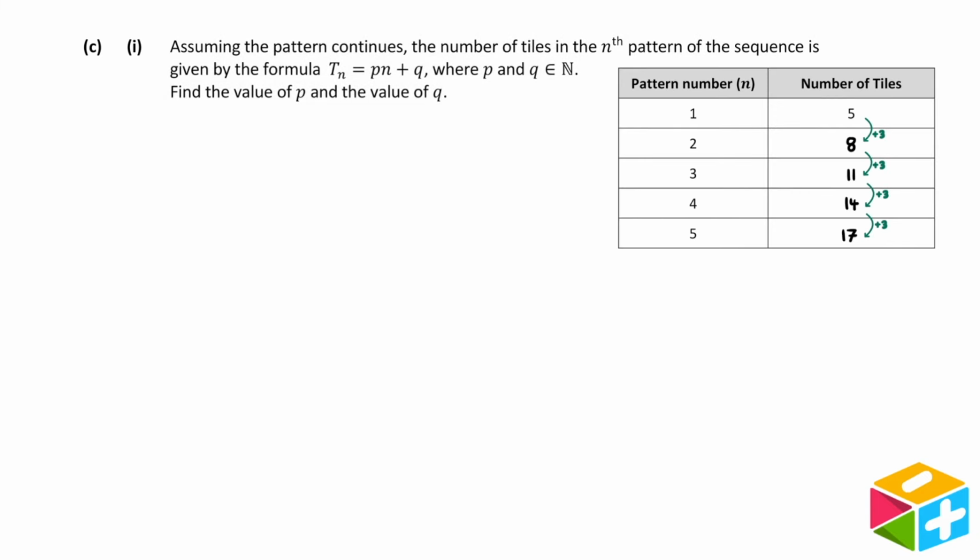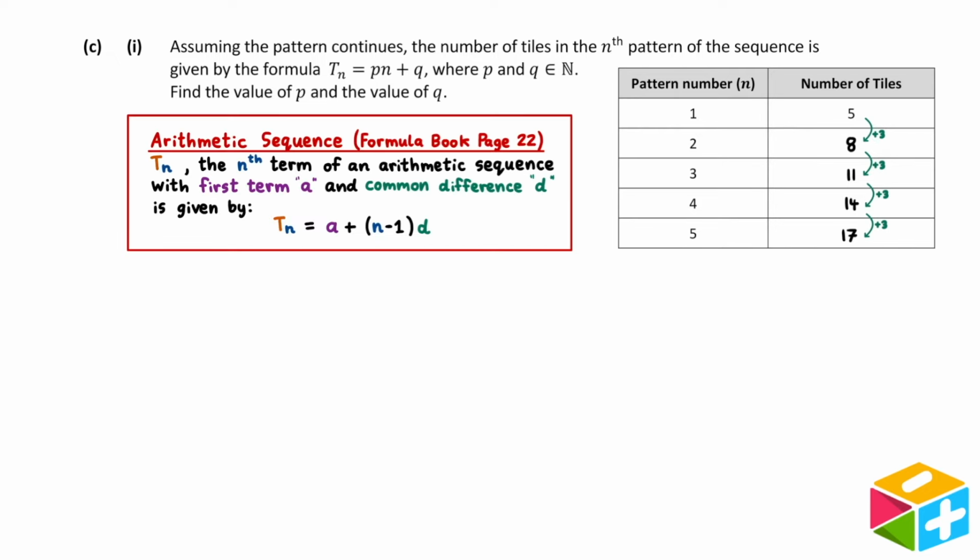In part B, we filled out a table which contains the number of tiles for the first few patterns. And we saw that there was a pattern in this sequence. To get from each number to the next, we added 3. This is referred to as an arithmetic sequence.